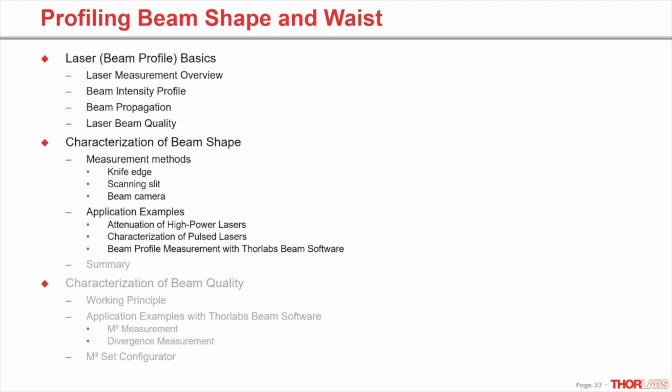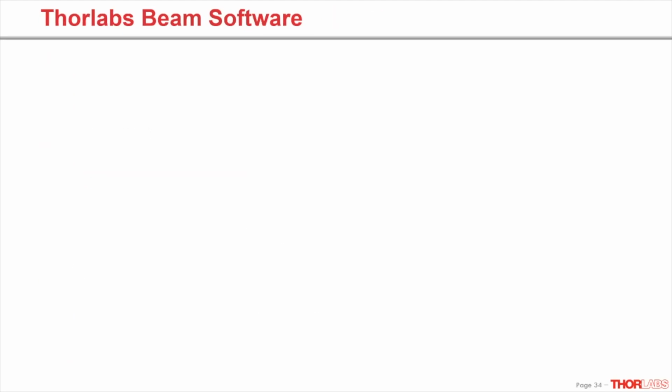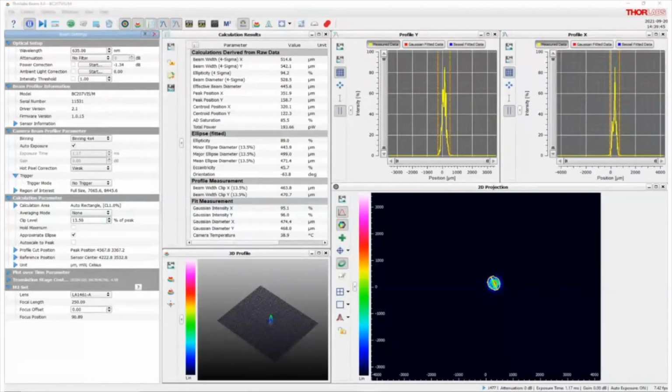In the next slide, I want to give a short demonstration of the provided Thorlabs beam software. The following video will show the measurement of a more or less Gaussian beam with a camera beam profiler.